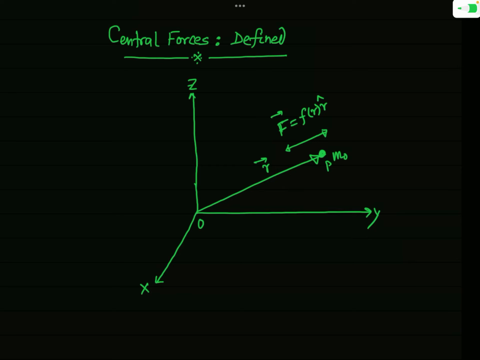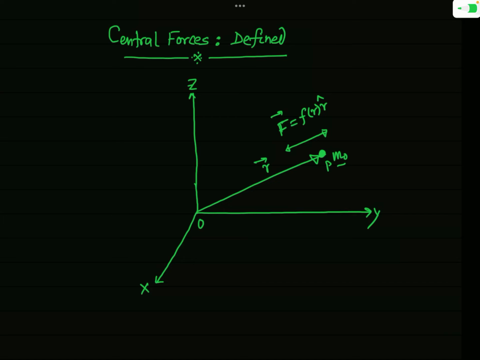For this, let us see this figure. I have considered here a coordinate system with the x, y and z axes having origin at point O. Let us suppose that at a point P, you can see in this figure, there is a particle of mass m0.